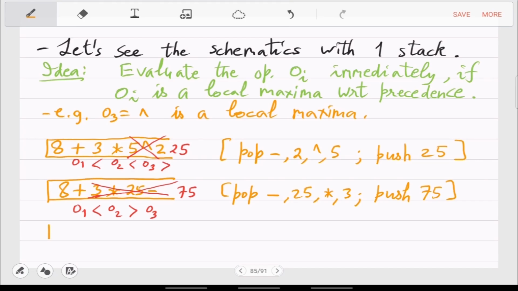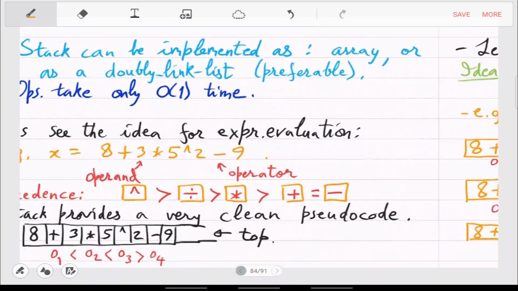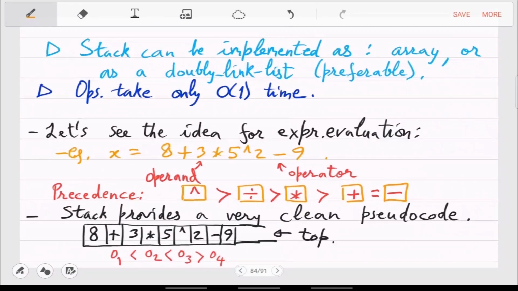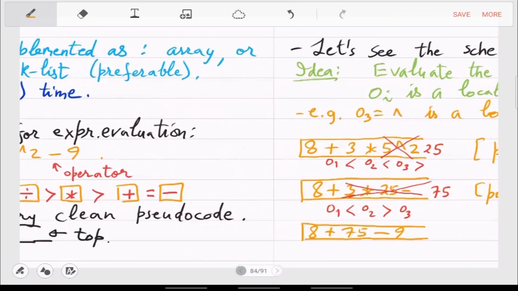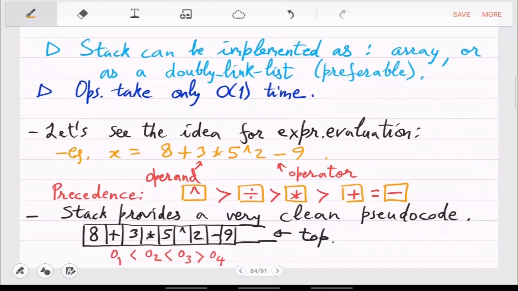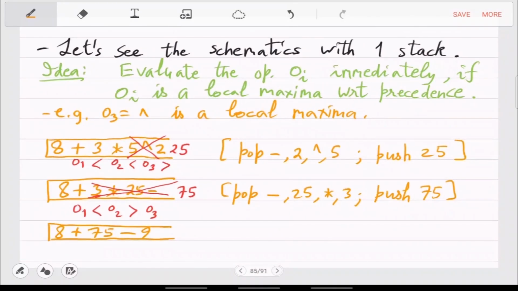Okay, next is, so notice how 8 and plus are still waiting, right? They are waiting in the stack. So 8 plus 75 minus 9. What was the whole expression? My whole expression ended at minus 9, okay.